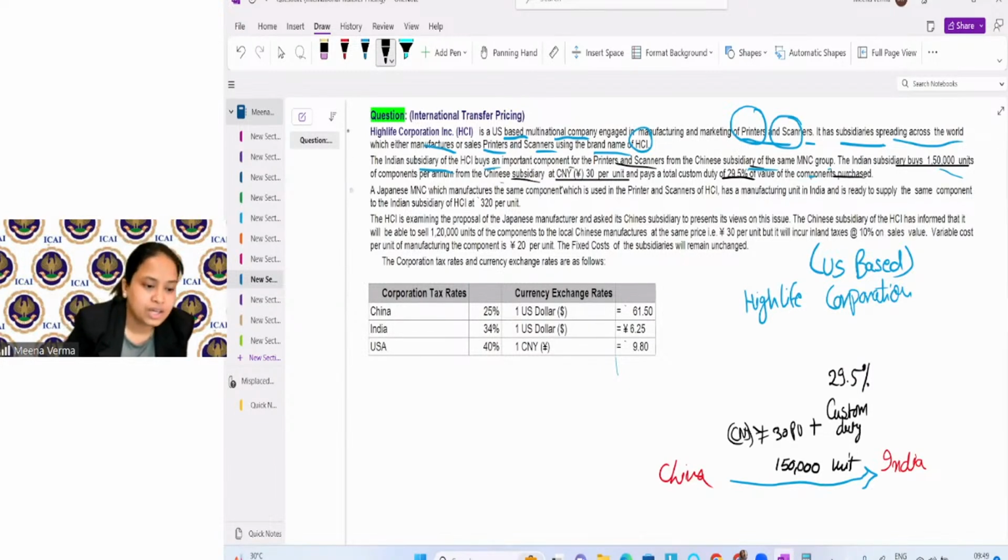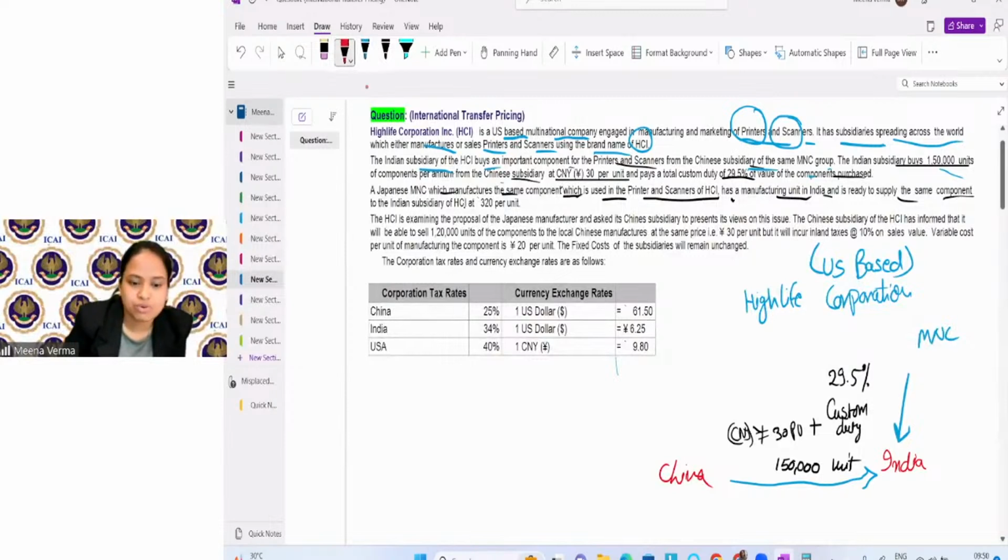A Japanese MNC which manufactures the same component which is used in the printer and scanner has a manufacturing unit in India and is ready to supply the same component to the Indian subsidiary. Now what is given here? The Indian subsidiary has the option to buy the same material from another MNC. At what price?